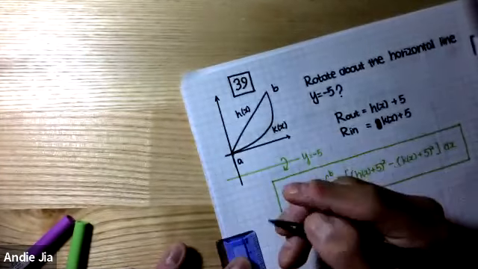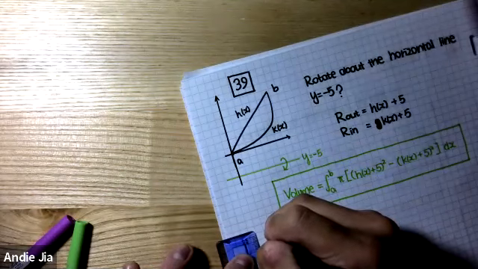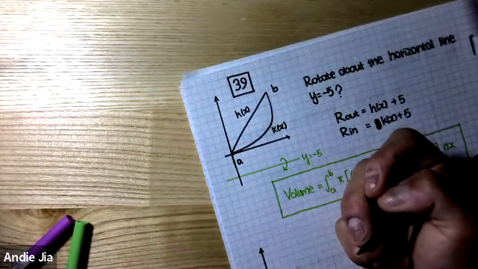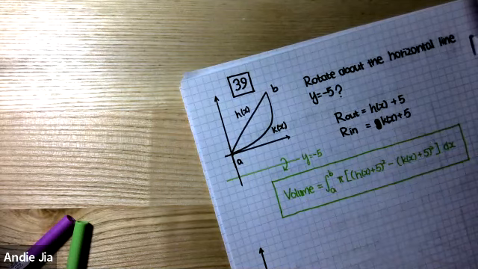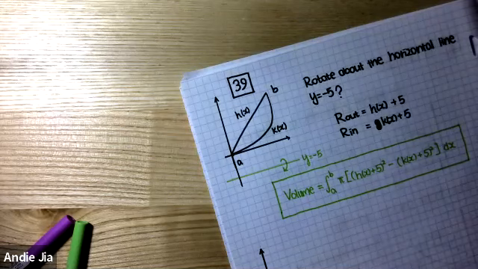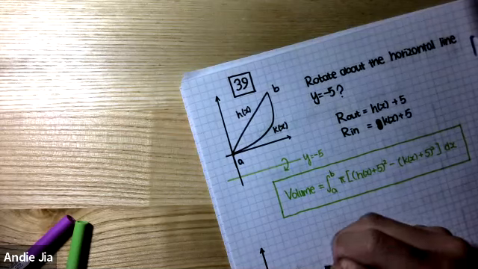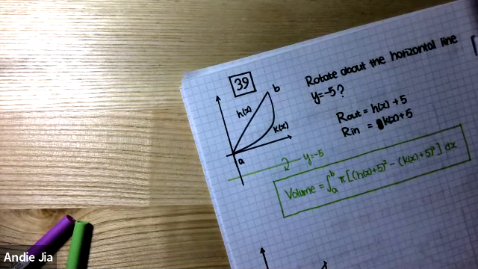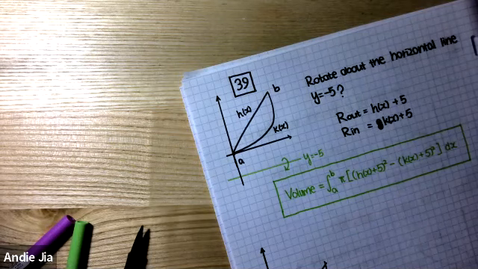Now, what if we compute the volume of the solid bound by an area and the axis of rotation is above the two curves?